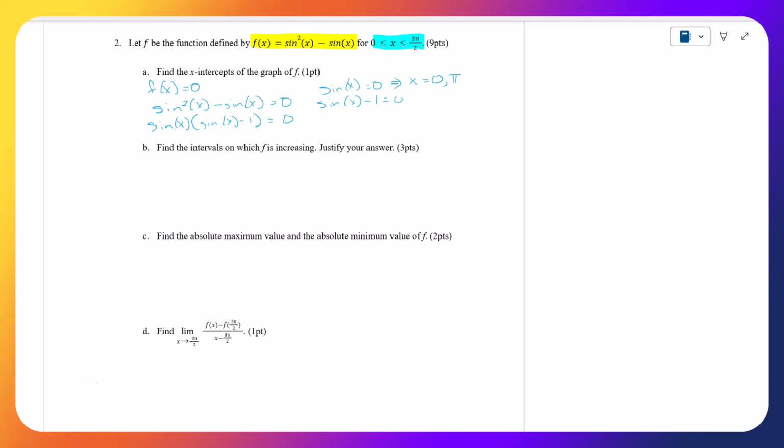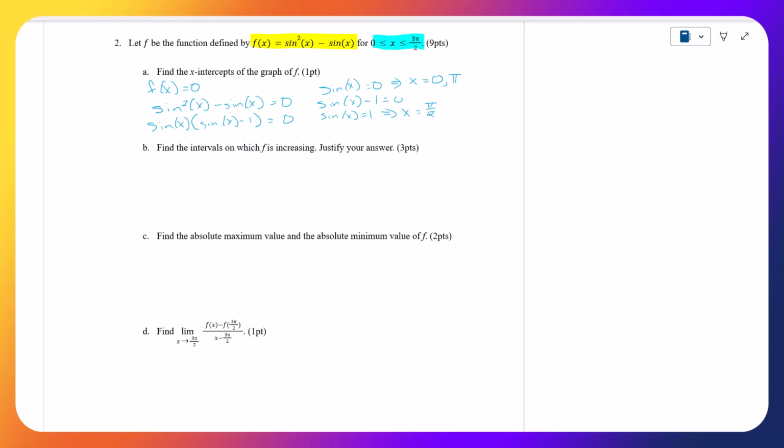All right, and then we have sine x minus 1. This means that sine of x equals 1, so we're looking for x values where sine would be 1. There's only one place on the unit circle where sine of x equals 1, and that's at pi over 2, which, if we had a longer interval, could be other places as well, but this is the only spot on our interval.